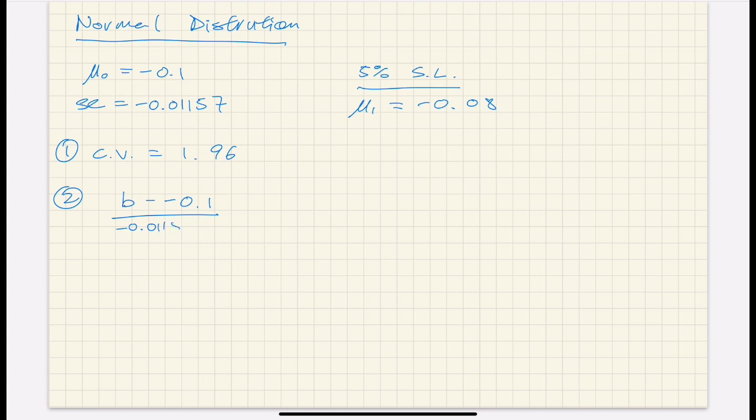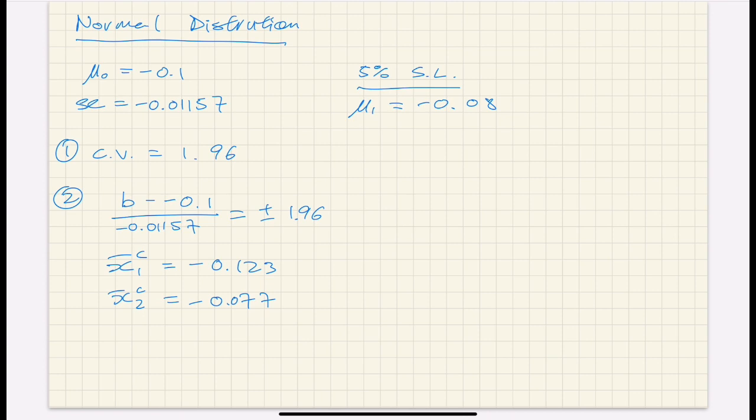Obviously I made this question simpler, so we focus on the steps, and then you equate this to plus minus your critical value, which is 1.96. And from this you'll find that you have two values, which are negative 0.123 and negative 0.077.